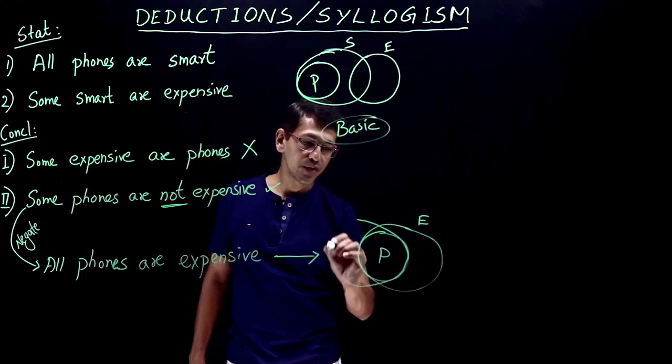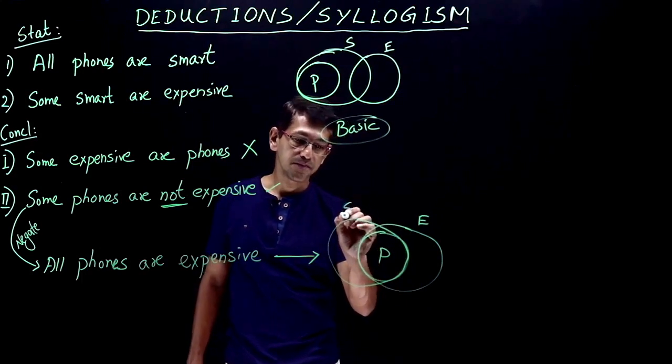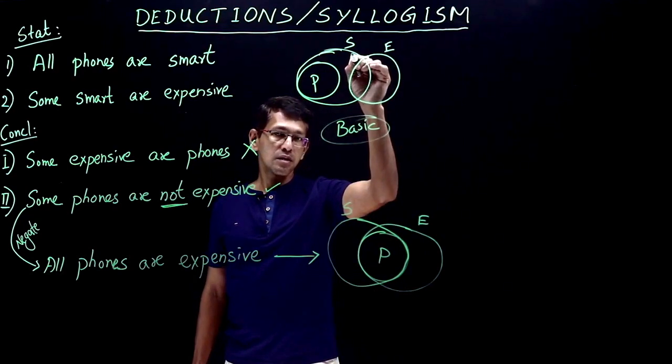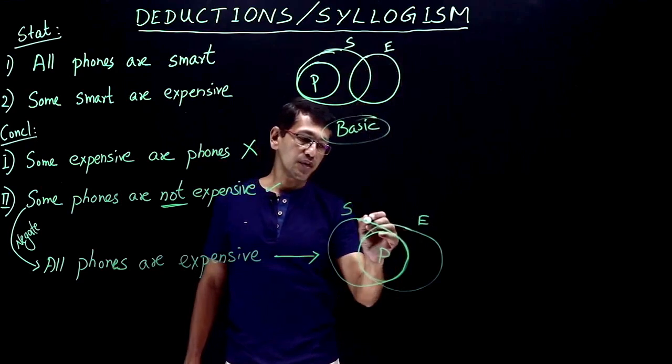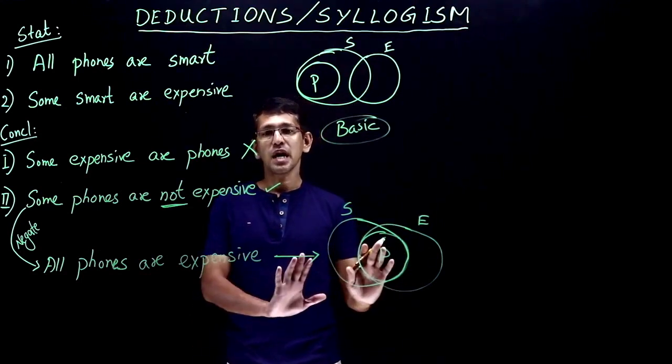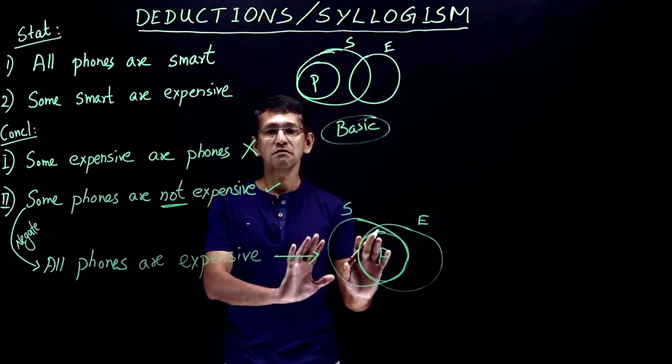At the same time, smart is intersecting with expensive. So when you draw it like this, this part of smart is intersecting with expensive as well. So the new diagram is complete.